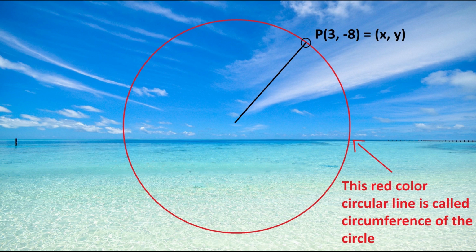So if we say the coordinates of P, it means we are talking about the values of x and y. Here you can see the values of x and y as 3 and minus 8. That gives you a point P lying on the circumference. You can see in the picture a line with color red, and this is called circumference of the circle.